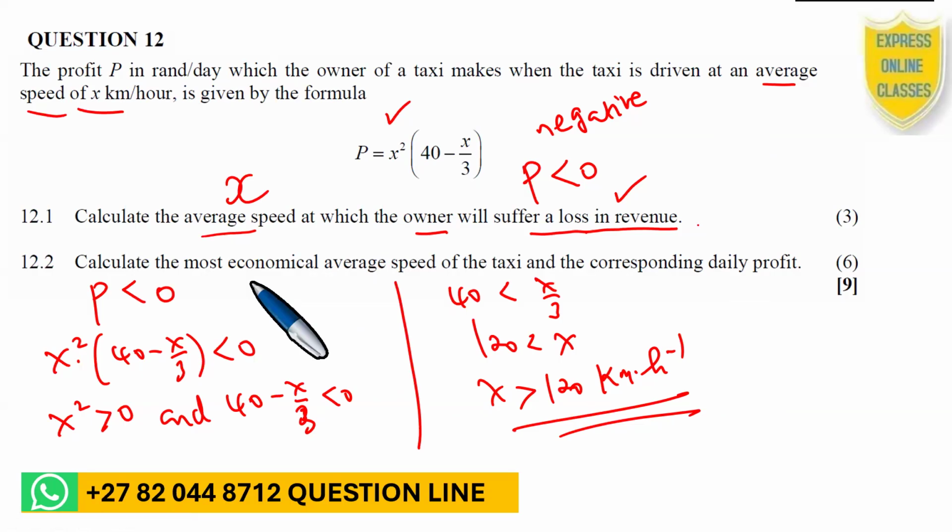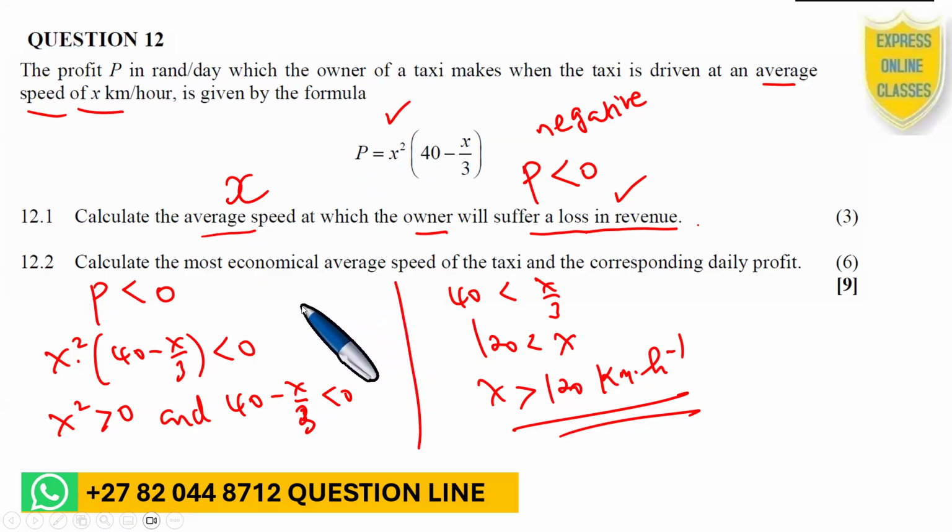They're speaking about money. They're speaking about profit. If it's economical, it's the speed at which the profit is going to be a maximum. So if this guy makes maximum profit, then that speed that is going to yield the maximum profit is the most economical average speed.